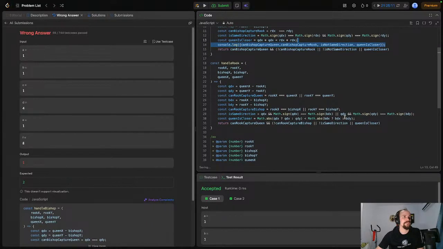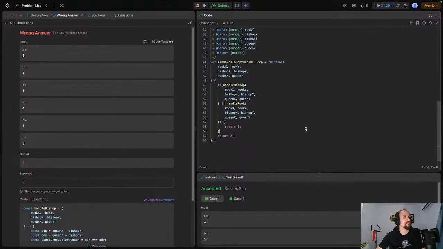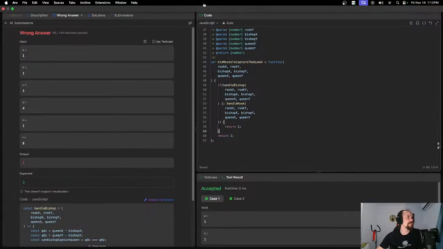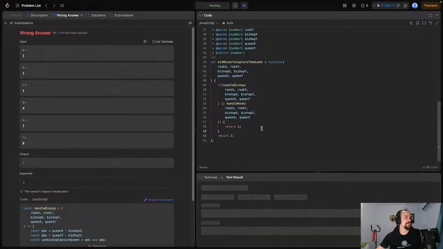Go down here, do a similar log. Cool, run it. So we said that we could do it in 1 move, but we're supposed to be able to do it in 2.